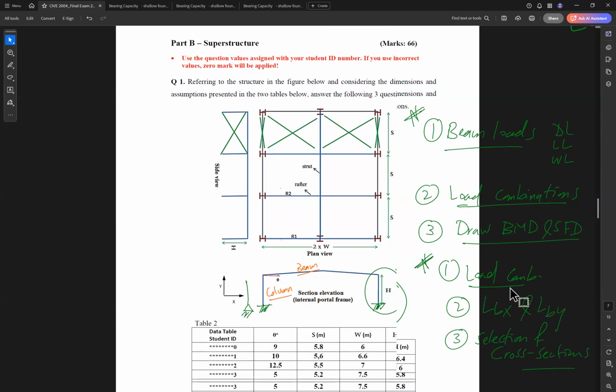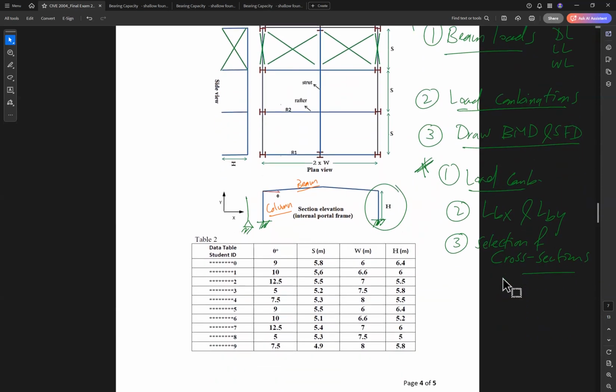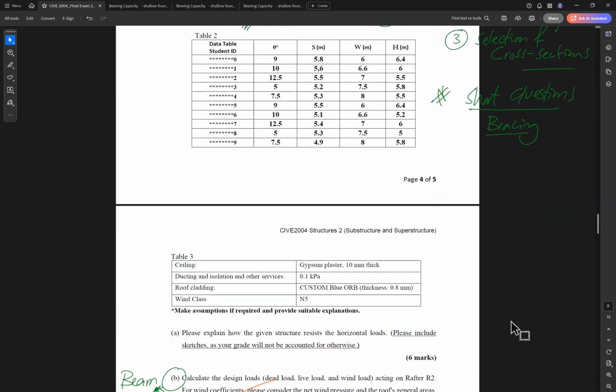Okay, we will have maybe 2 or 3 very short questions about, for example, the bracing importance, and also something about concrete, like concrete curing, and also something about the reinforcement. These are short questions only.